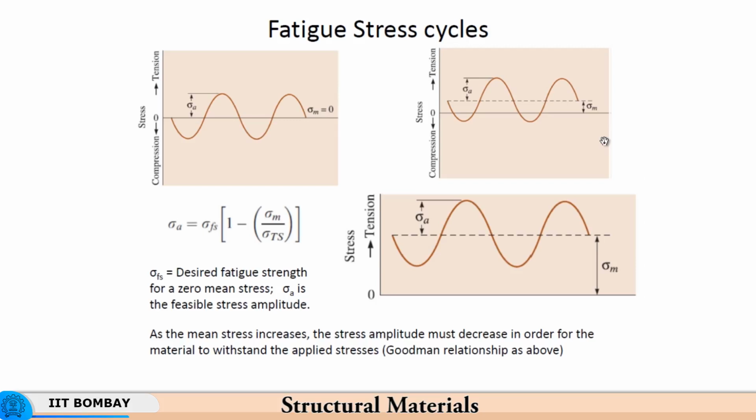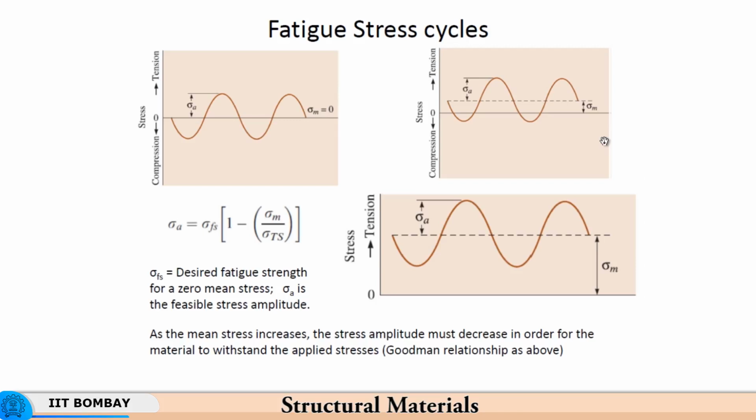purely because of that. So, what it means is that if your sigma m is 0, then there is room for you to have the amplitude equal to the desired fatigue strength. Otherwise, if sigma m is very close to sigma Ts, then sigma A is exactly 0 because of this term, right.